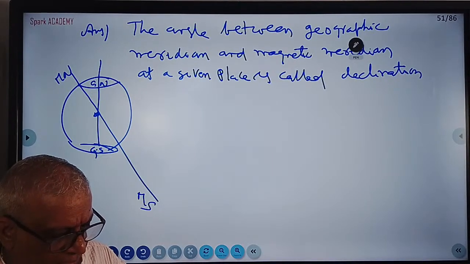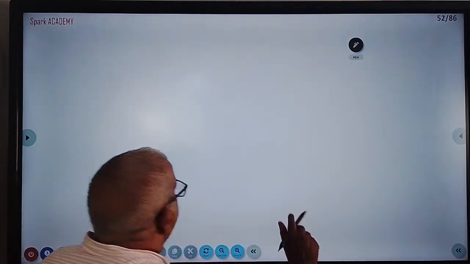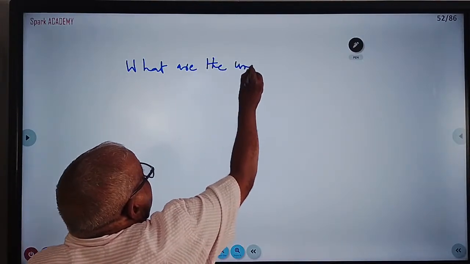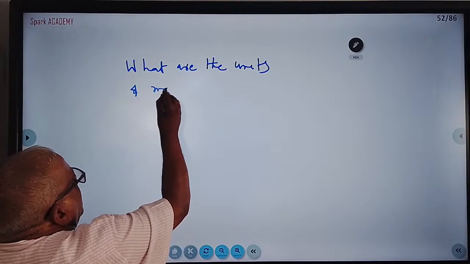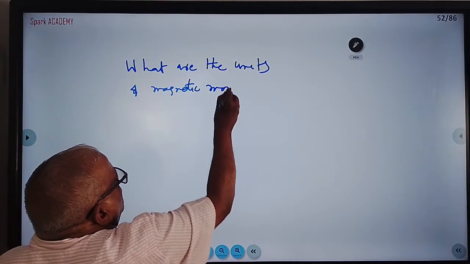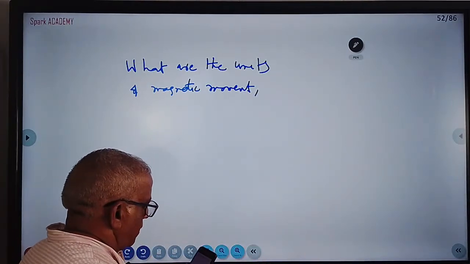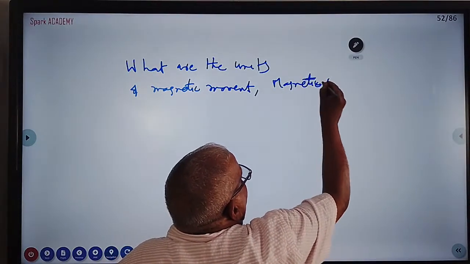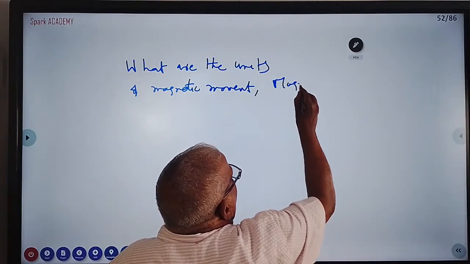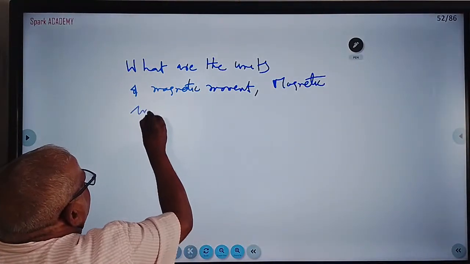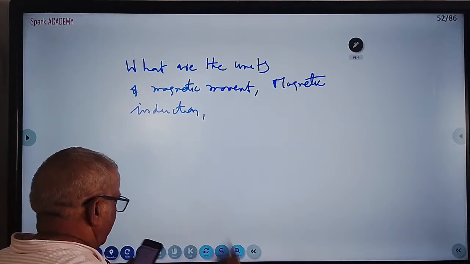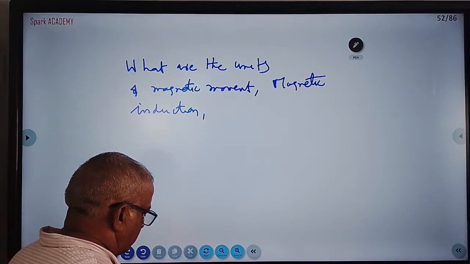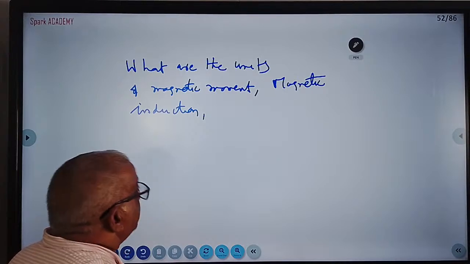So what are the units of magnetic moment, magnetic induction, and magnetic field?